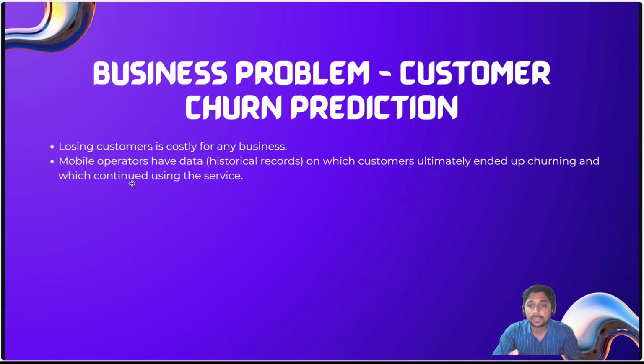And mobile customers have data, right? When we register for mobile services, we provide data like our name and all the related details. They do KYC, know your customer. So they have all the data related to it.